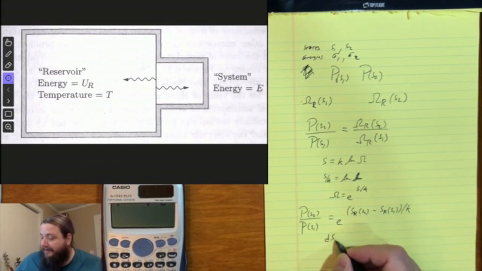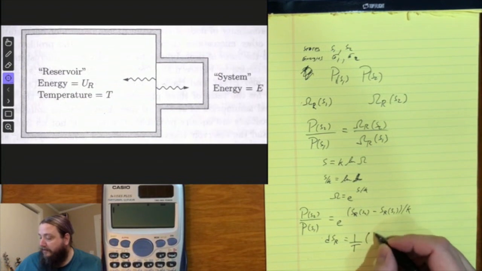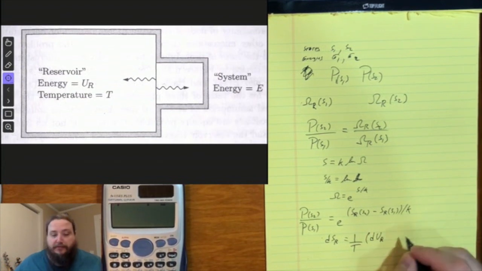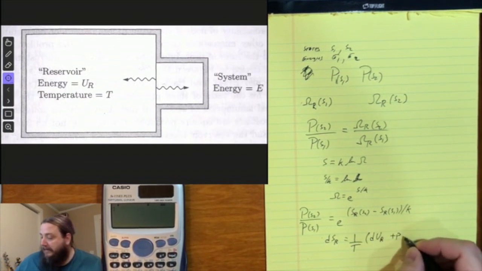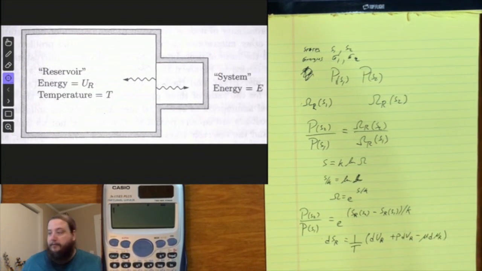We can say that dS of the reservoir is going to be 1 over temperature times dU of the reservoir plus P dV of the reservoir minus mu dN of the reservoir.